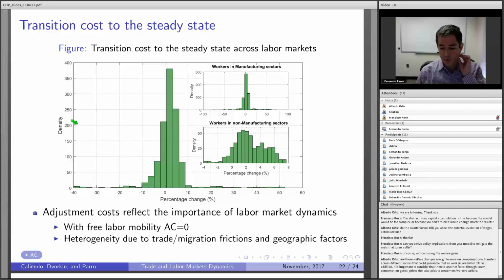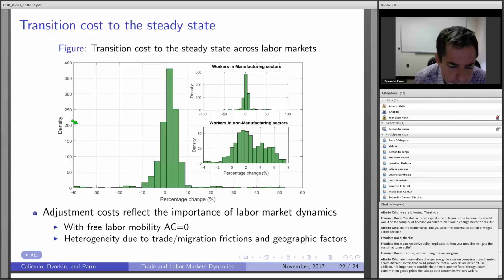So, going back to the figure, these transition costs are positive on average and heterogeneous across labor markets, and show that adjustment of the economy, reallocation, takes time. And that is another policy implication that we don't address here, related to Alberto's question, but it is very interesting to study.